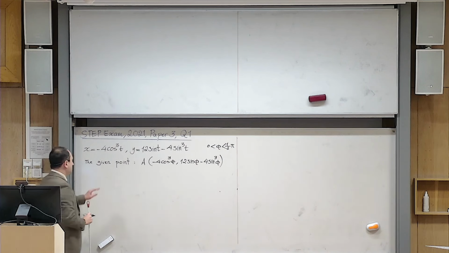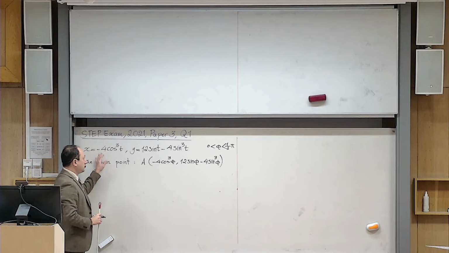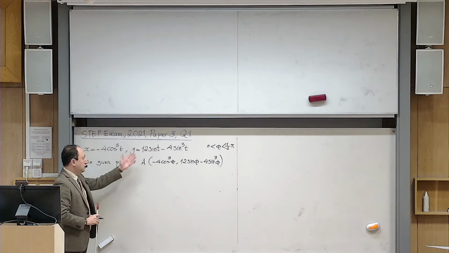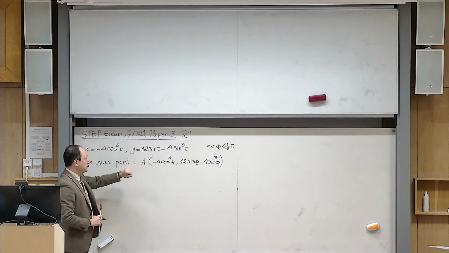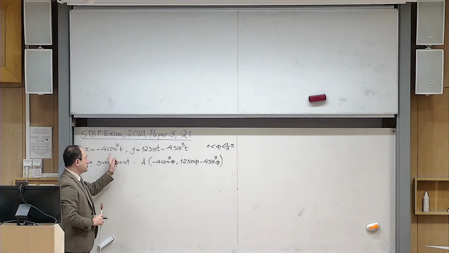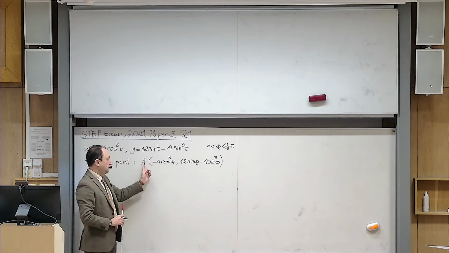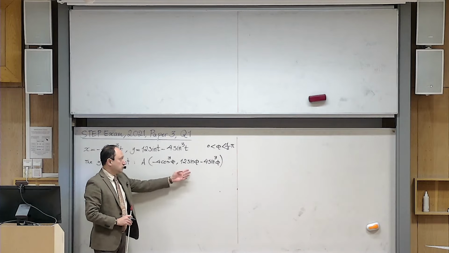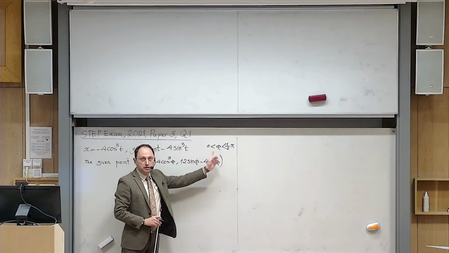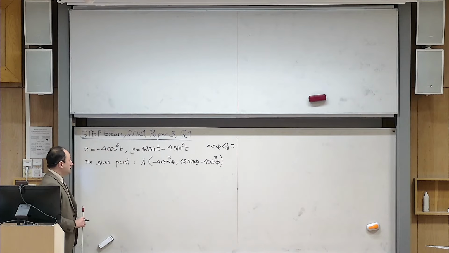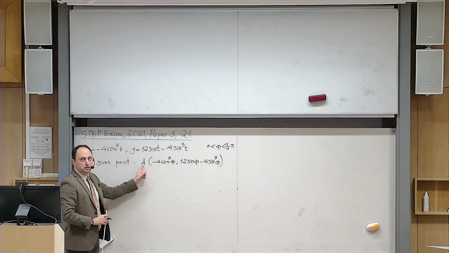So here, the parametric form of the curve is given in this form, and then we want to find the normal to this curve at the point A with these coordinates, where phi is a fixed number between 0 and pi over 2.